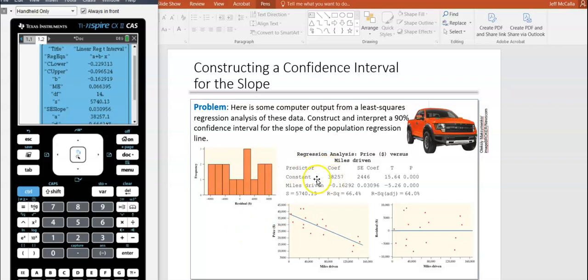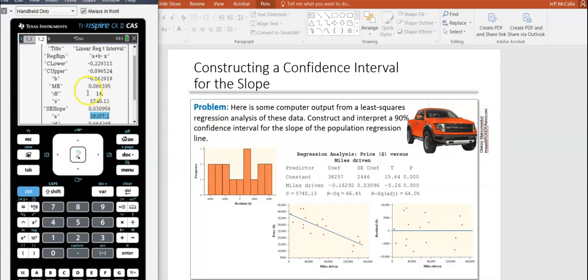You can see in the calculator, this is considered the slope, right? And you can see right next to miles driven, below the constant there, is the slope, negative 0.1629. You can see that the a value here is the y-intercept, and you can see that right next to the word constant, 38257.